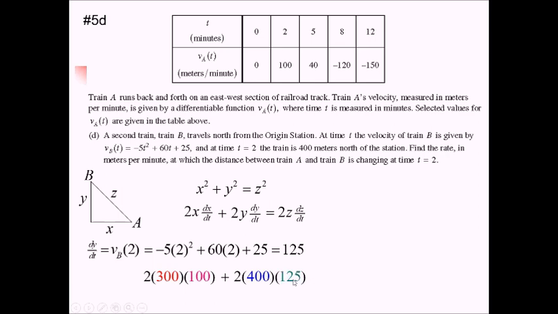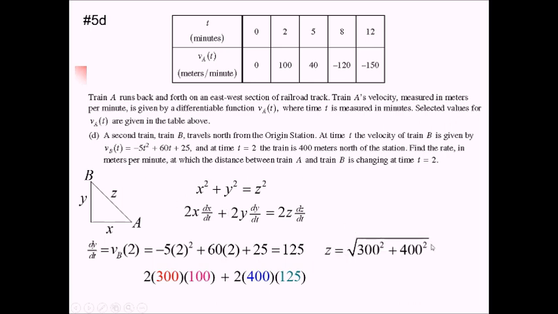We're getting there. We just have one more thing that we don't know, and that's the value of z. That's this distance here. Now the good news is that this is really just a distance in the Pythagorean theorem. So if we just take the square root of both sides of this Pythagorean theorem, we can figure out the distance of side z. So that's going to be the square root of 300 squared plus 400 squared.